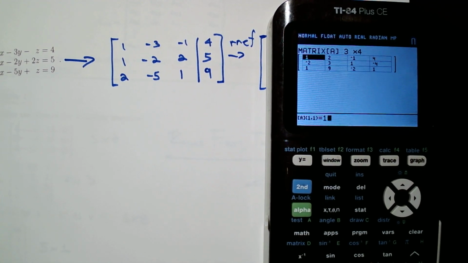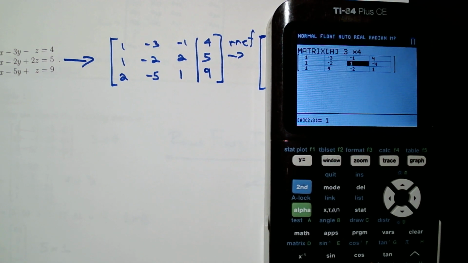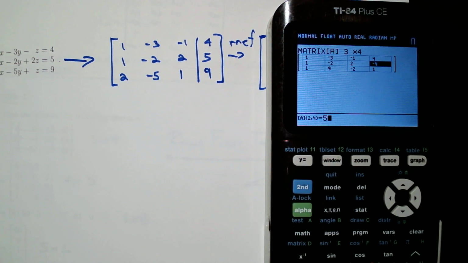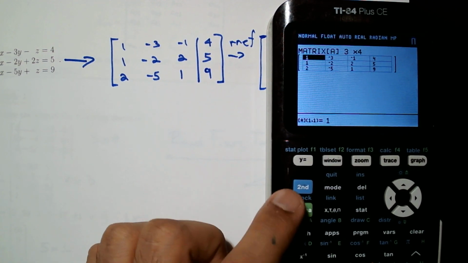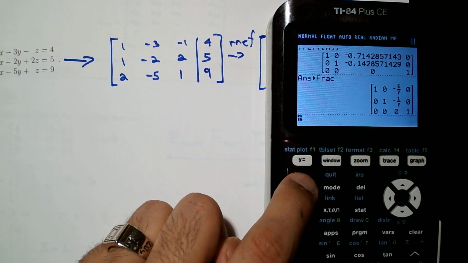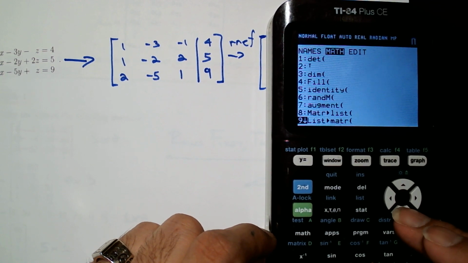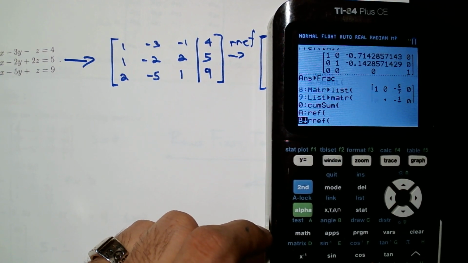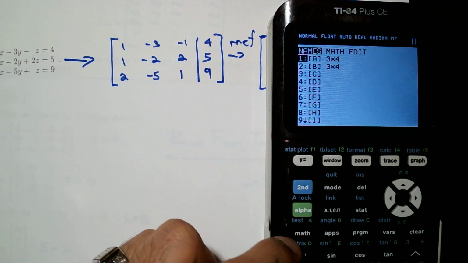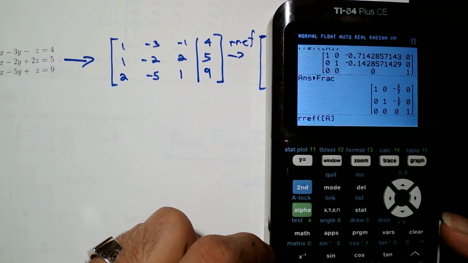The 1 is already there: 1, -3, -1, 4, 1, -2, 2, 5, and then 2, -5, 1, 9. Second quit, second matrix, I'm going to do RREF on this same matrix. I'm going to choose the second matrix, choose it by name.